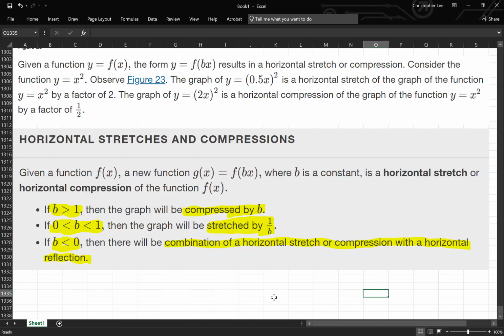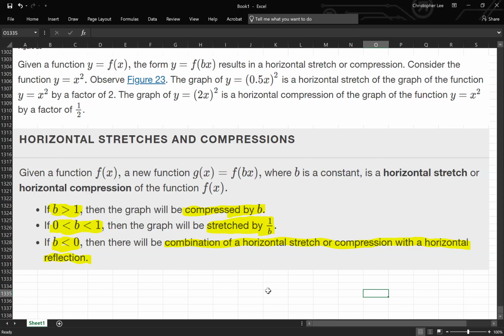It looks like we multiply the x-axis. So if b is 2, and I was at 2, now I'm at 4. I'm multiplying it on the x, not the y.